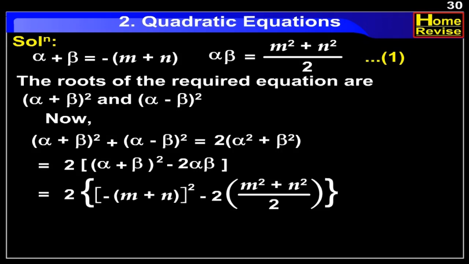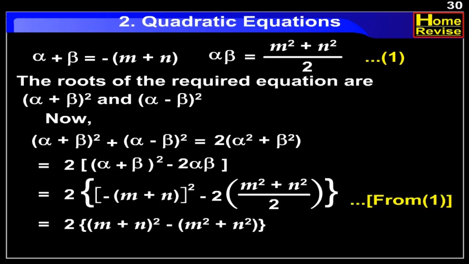And from 1, this is further equal to 2 into {(m plus n) whole square minus (m square plus n square)}. This is further equal to 2 into (2mn), which is equal to 4mn. Let's put it as 2.